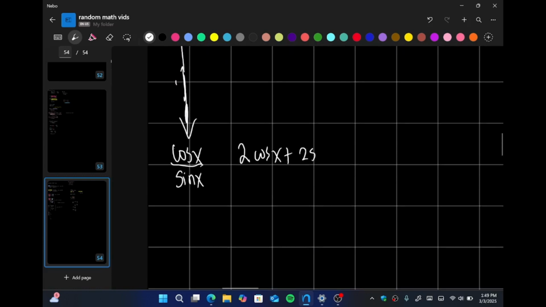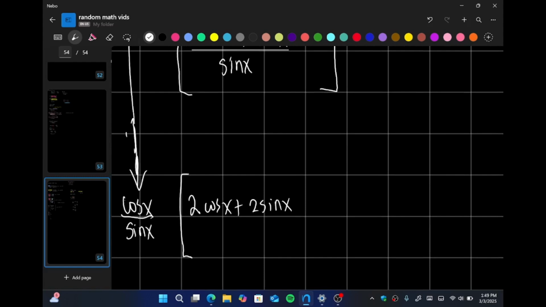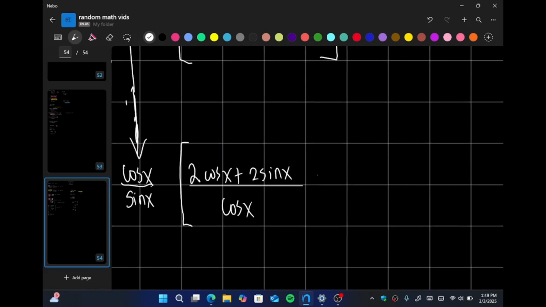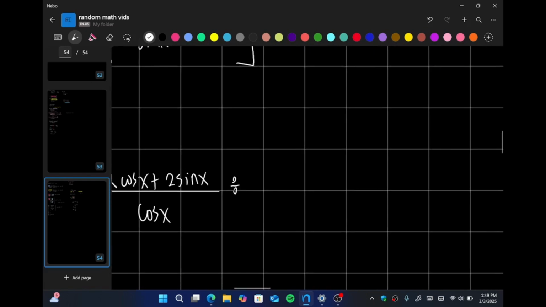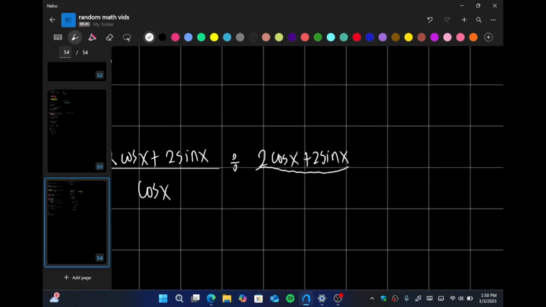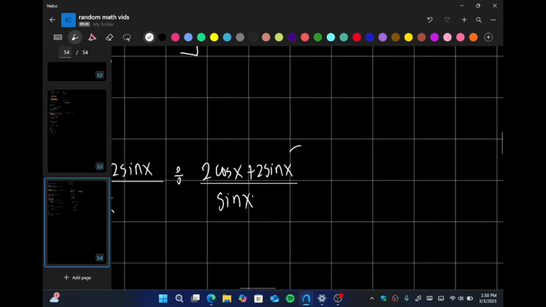Actually, it should just be like this, over cosine x, divided by 2 cosine x plus 2 sine x, all over sine x, excuse me, and then minus 2 sine squared x.